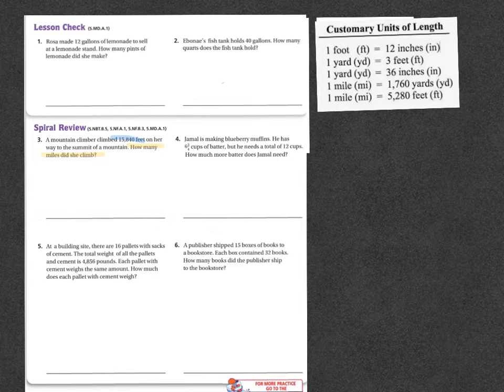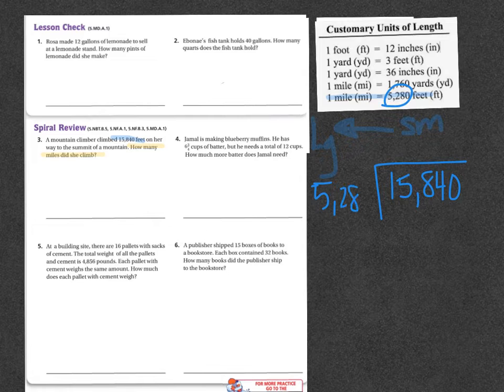So we're going from feet to miles. We're going from small to large. Therefore, boys and girls, you're going to divide 15,840 by 5,280. All right, I'm not going to do this, but I'm going to give you a hint. 5,280 can't go in 1.